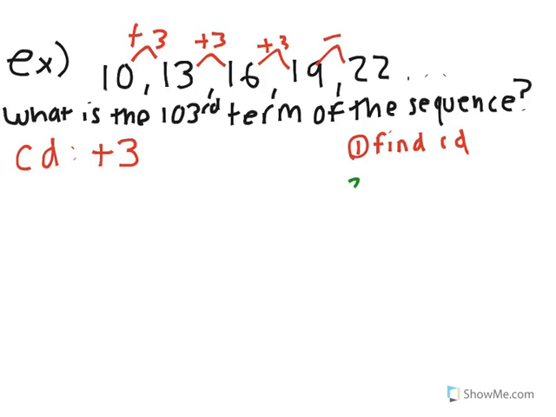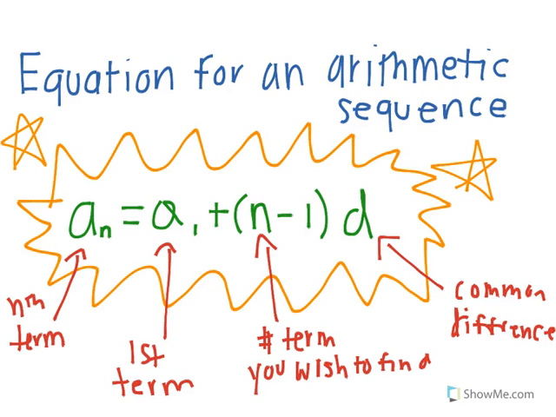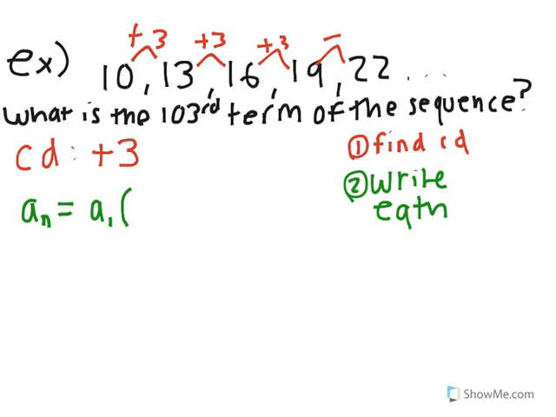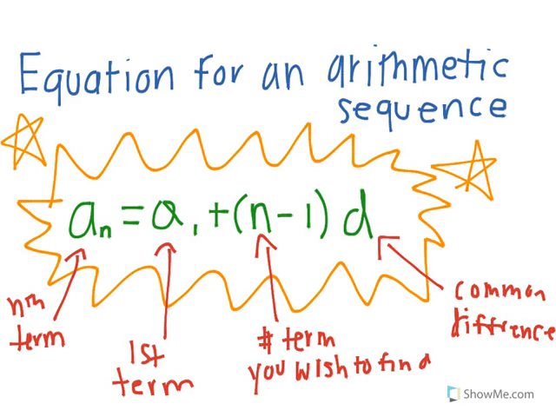Now, my next step is to write my arithmetic equation. EQ is just an abbreviation for equation. So I have a of n is equal to a of 1 plus n minus 1 times the common difference. See, it's the same equation we used here.